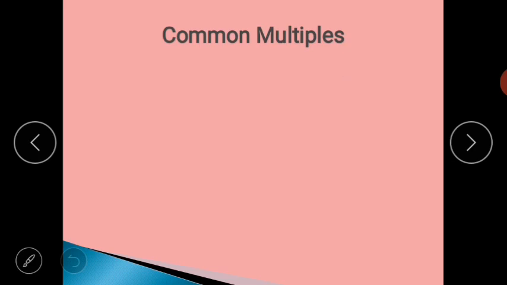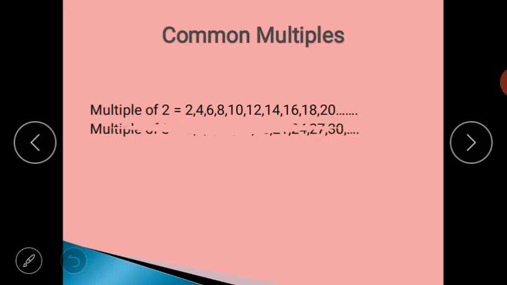Here I have taken two numbers, 2 and 3. To find the common multiples of the given numbers, first we have to write down the multiples of these numbers. I have written the multiples of 2 and I have written the multiples of 3 also.